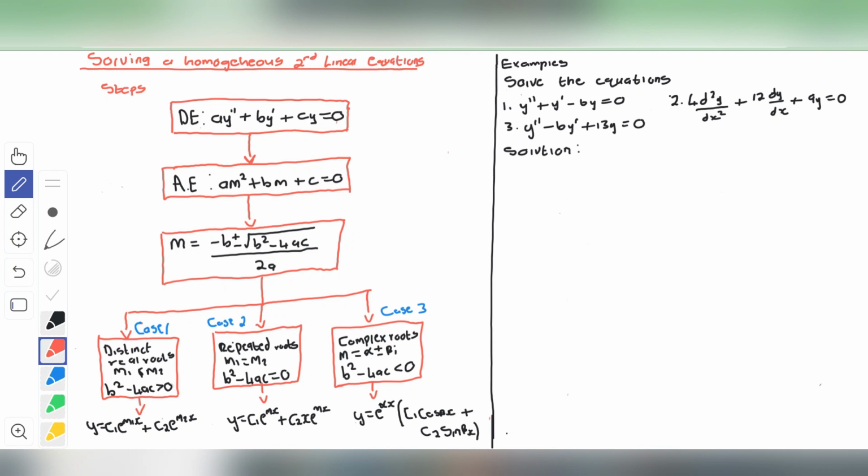So after using the quadratic formula, we have case 1, case 2, case 3. Let's explain case 1.